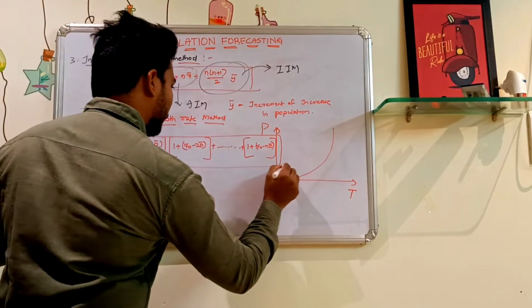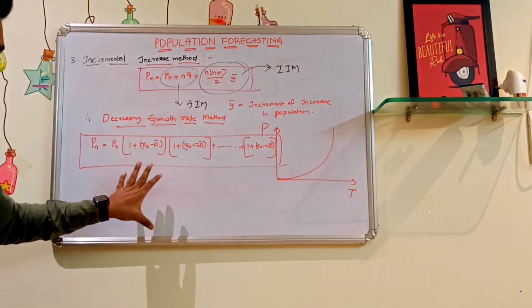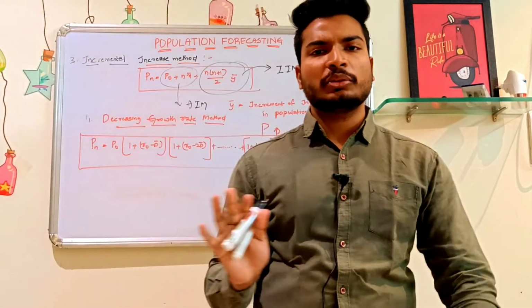So this is the formula to calculate population by the decreasing growth rate method.